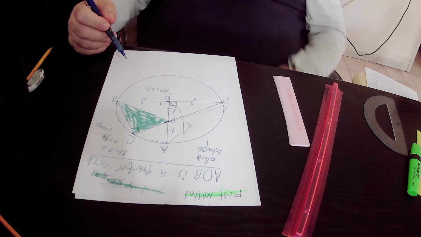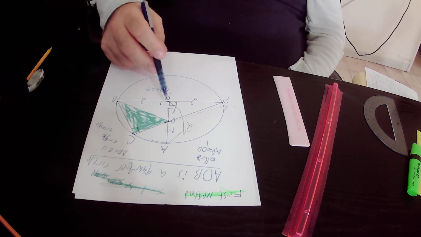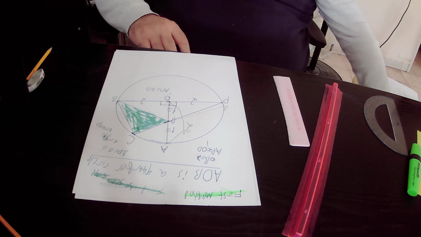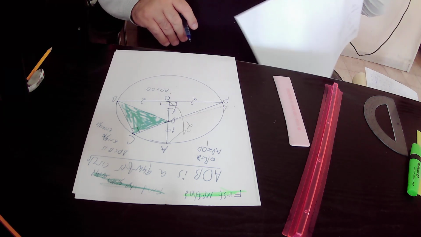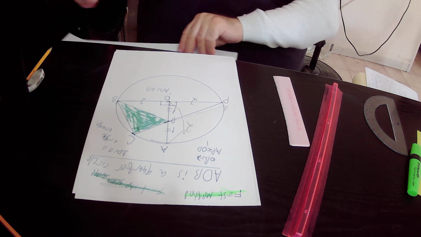In the next step, we will implement the Pythagoras theorem on the right triangle POD. In the right triangle POD, according to the Pythagoras theorem, the square of the hypotenuse equals the sum of the squares of the perpendiculars.